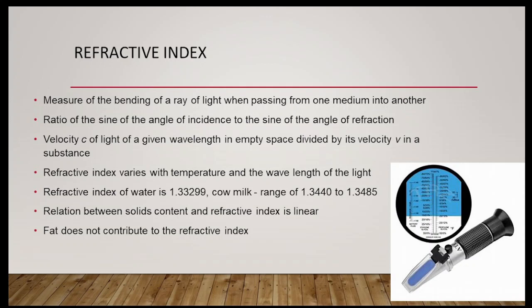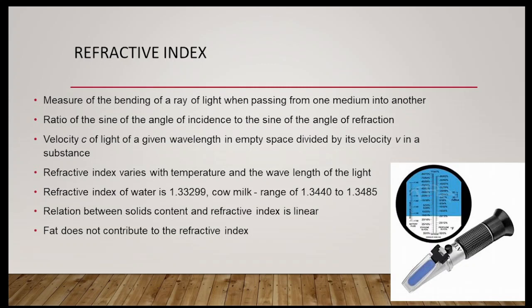In the image you can see a handheld refractometer. In the front of the refractometer, in the blue portion, there is a lid. You open the lid, place a drop of the liquid for which you have to measure the refractive index, then close the lid and, facing a source of light, look through the eyepiece.